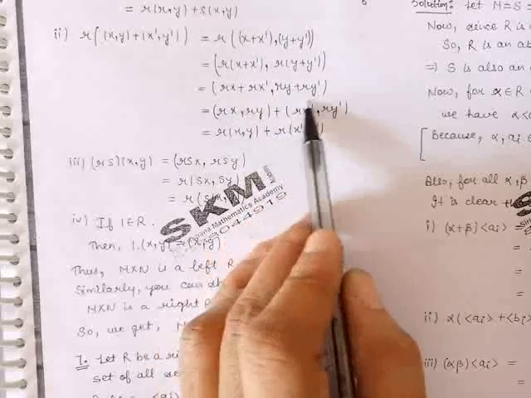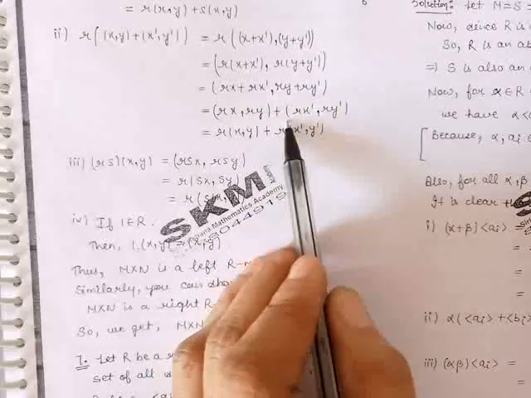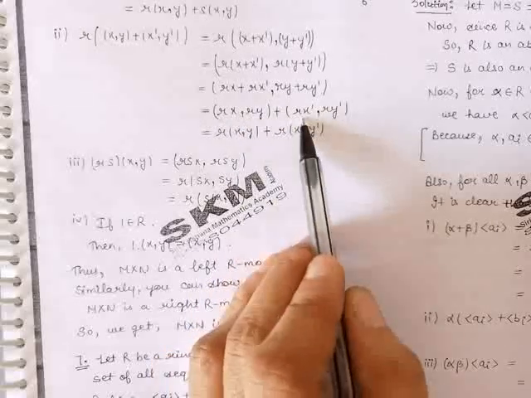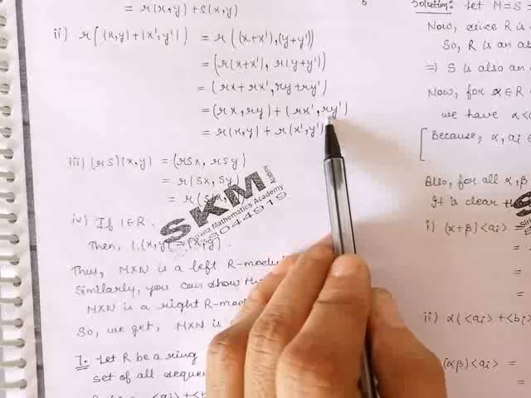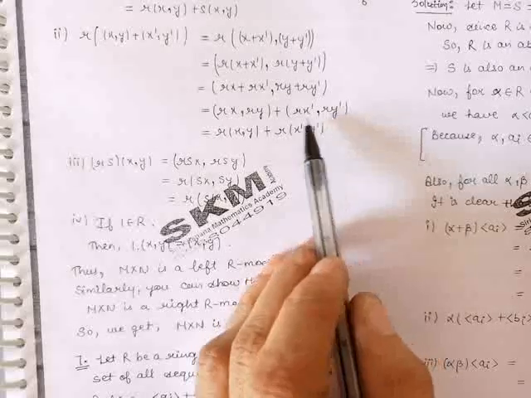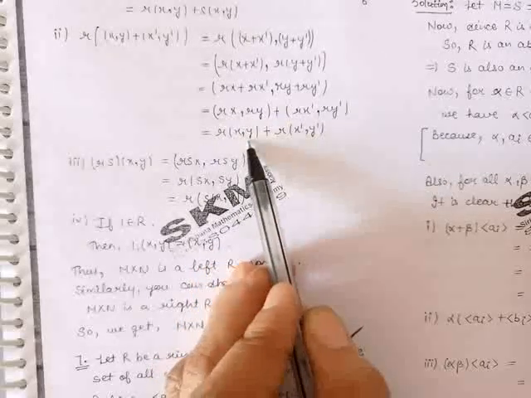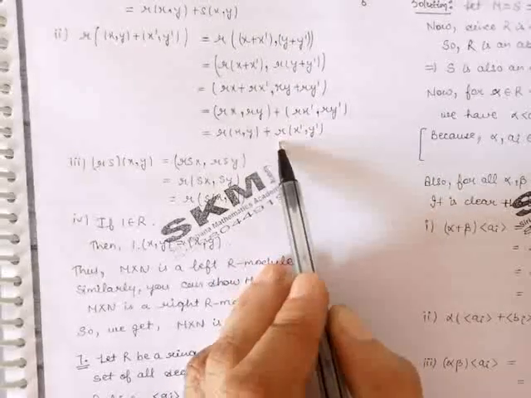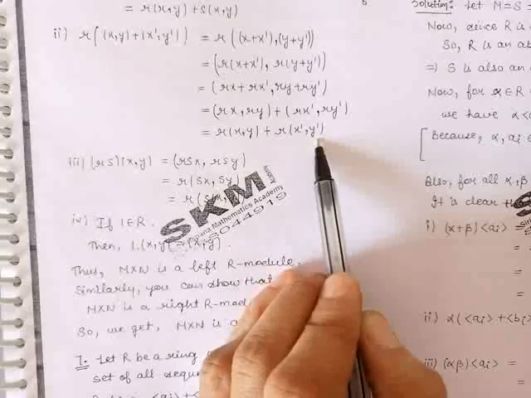This can be written as the sum of the ordered pairs formed by rx and ry, and rx dash and ry dash. Again, by definition of scalar multiplication, this can be written as r into the ordered pair (x, y) plus r into the ordered pair (x dash, y dash).